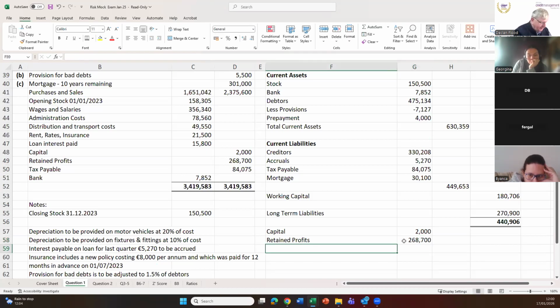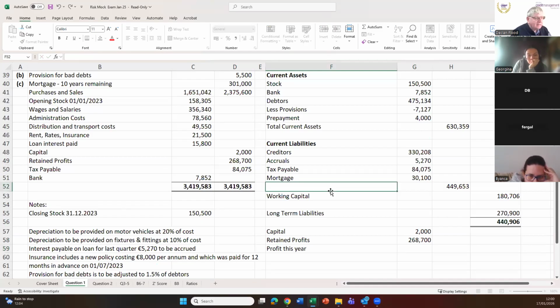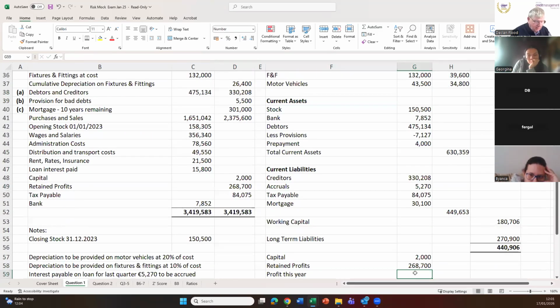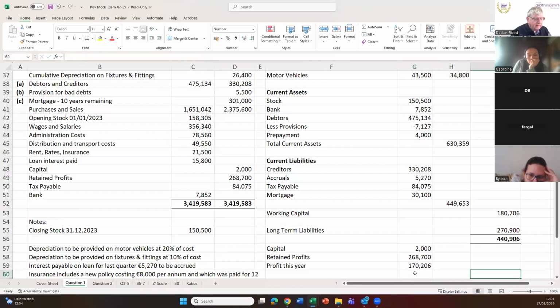And then my profit this year. And my profit this year is from my P&L account, which is 170,206. And then what we'll do is we'll just add those three numbers together.